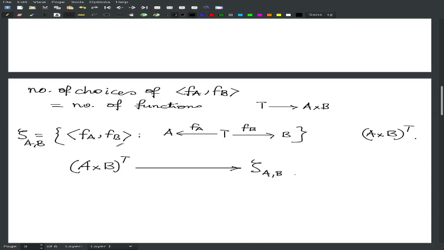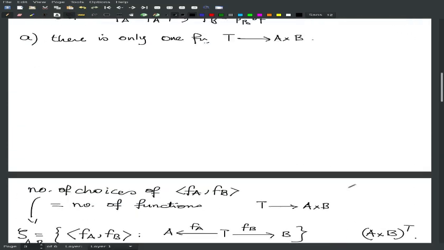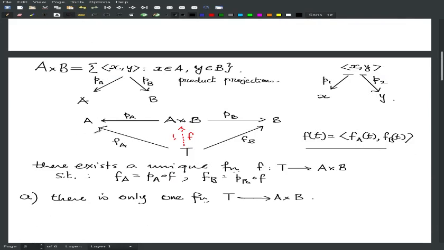It's the set of all pairs, so all these choices, these are coming from here. So I'm going to define a function. What is the function doing? I take a function from T to A cross B, and I'm taking it to PA composed F and PB composed G. See, I draw this. I copy this. I'll need this again.